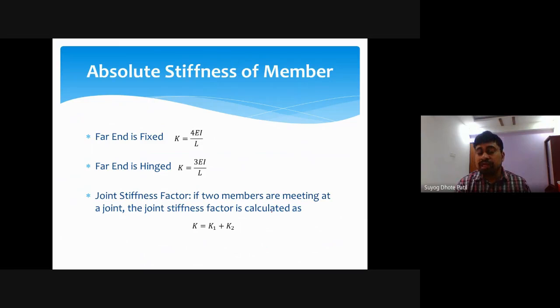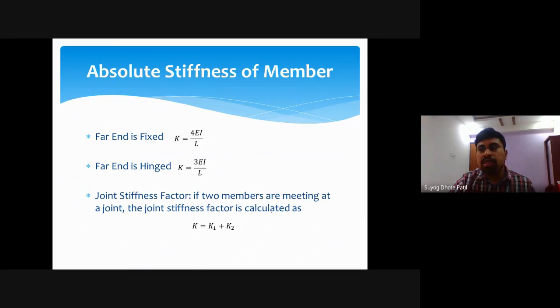Over this, we derived the formulation. But in case of MDM, we have a stiffness parameter, distribution factor, and carryover factor. So different methodologies are there. In the slope deflection method, we found the relation between fixed end moments and member end moments in terms of displacement and rotation.